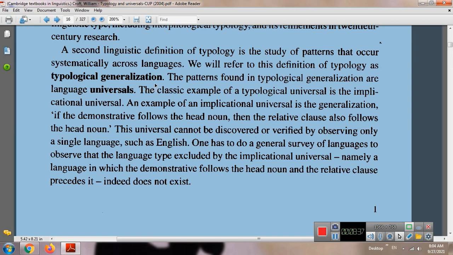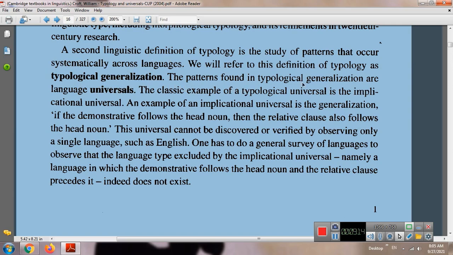I want to repeat it again: a second linguistic definition of typology is the study of patterns that occur systematically across languages. We will refer to this definition of typology as typological generalization.